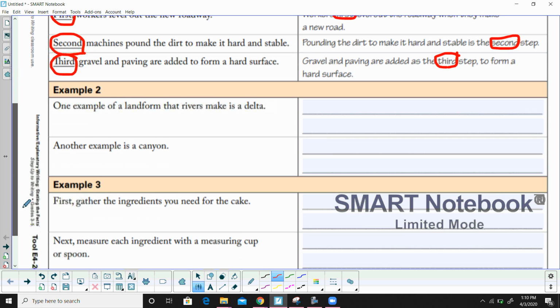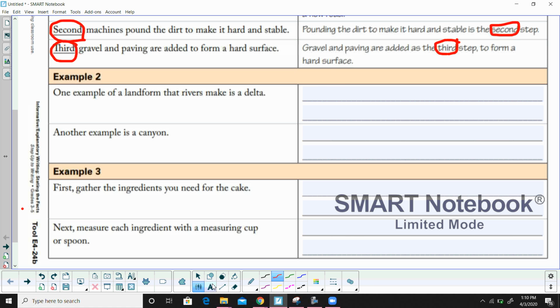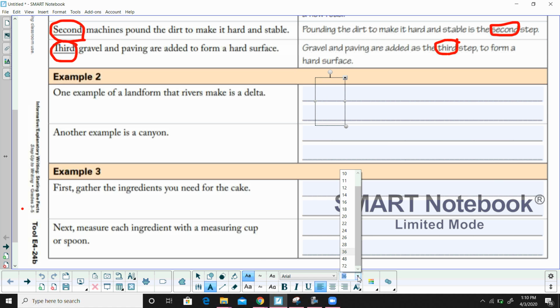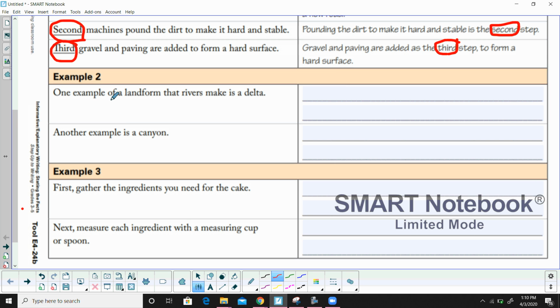So let's see if we could do that here in example 2. They're not giving us the buried transitions. We have to come up with them. So I'm going to do that here. One example of a landform that rivers make is a delta. Clearly the transition that they're using is they're giving an example. So they're using this transition, one example, right?